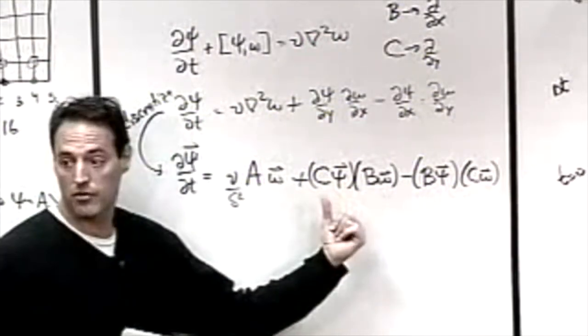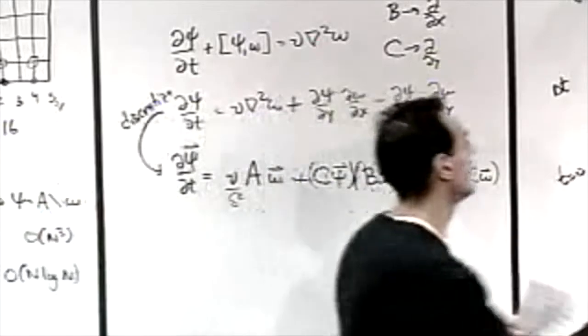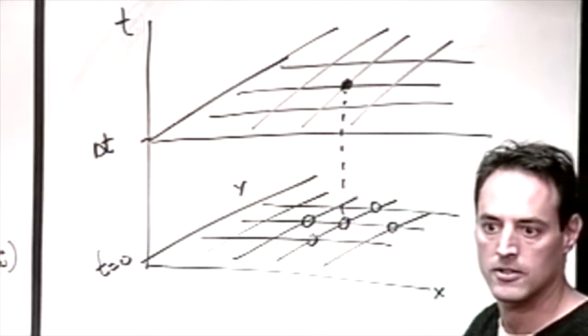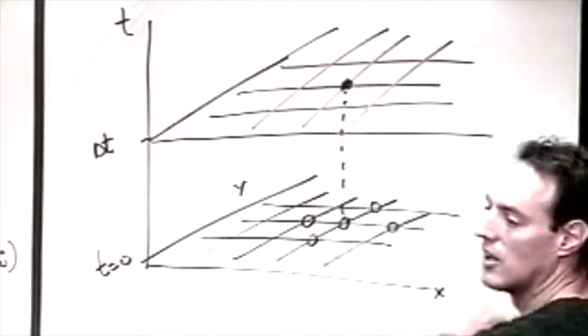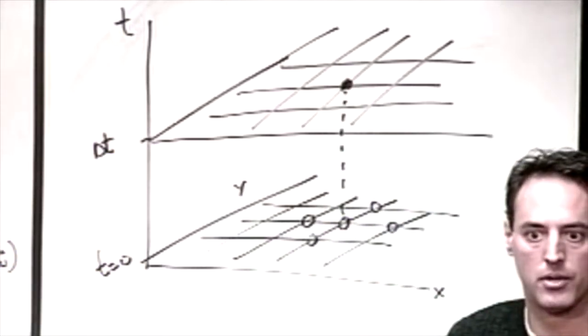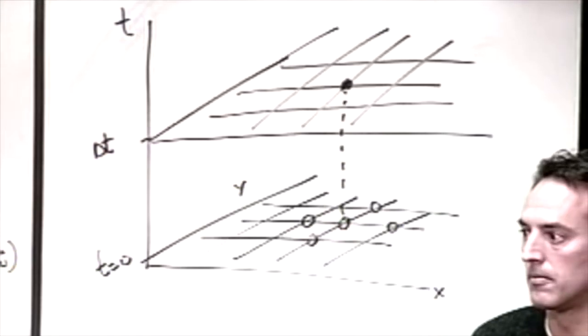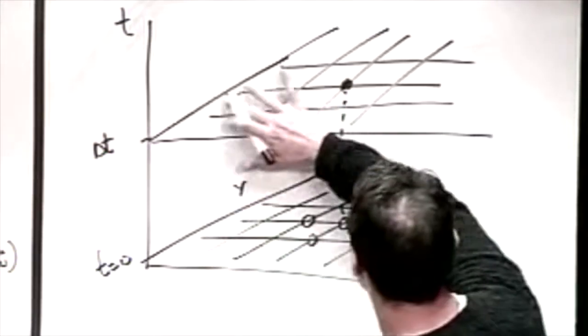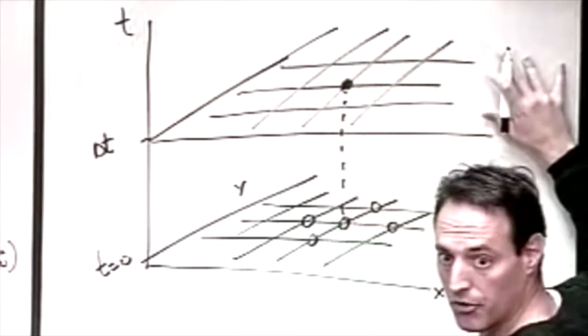And you're going to find the same thing for C and B. So my solution in the future, delta t, relies on these 5 points. These 5 points give me an updated value of the vorticity at that point in space. And I can go through and update every single point here at time delta t.